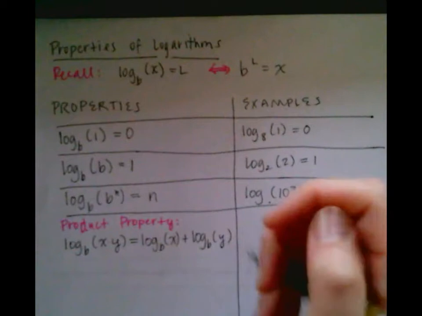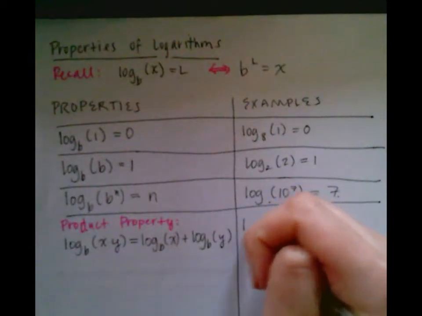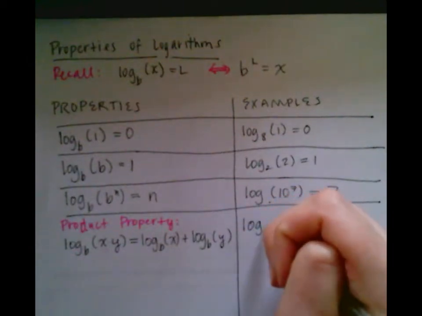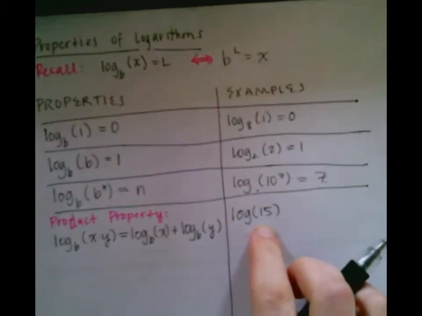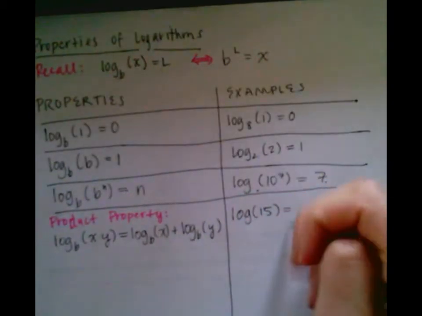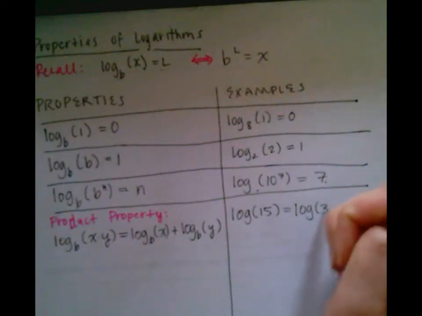An example would be something like log of 15. I know that 15 is 3 times 5, so this should be equivalent to log of 3 plus log of 5.